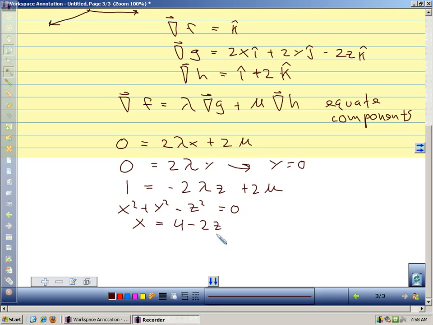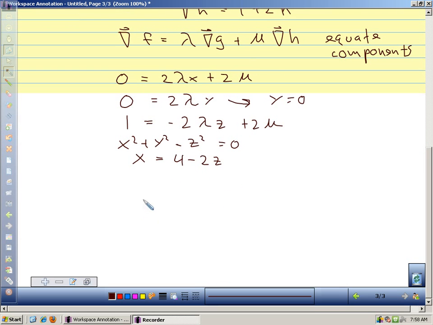We know that y equals 0, so I'm going to plug x into this equation, and we have just an equation in z. So I get 4 minus 2z squared minus z squared equals 0. When I solve that, I get z equals 4/3, or z equals 4.